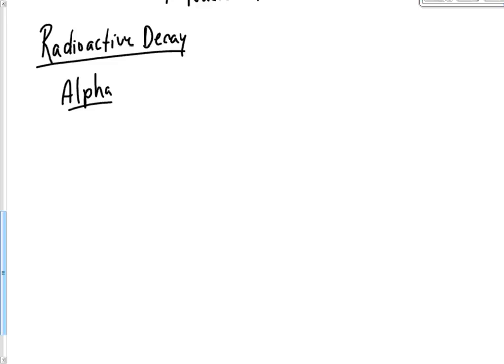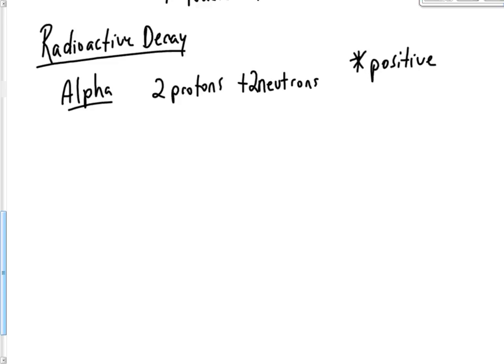In an alpha decay, you have two protons and two neutrons. This is positive, because all it is is the two protons and the two neutrons, so there's nothing negative to counteract those positive charges.